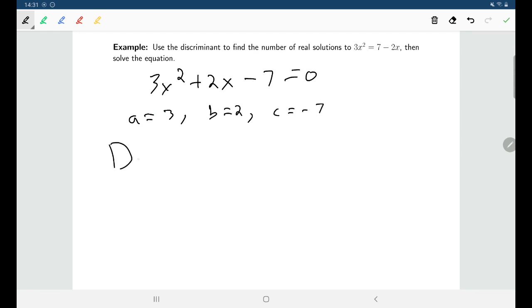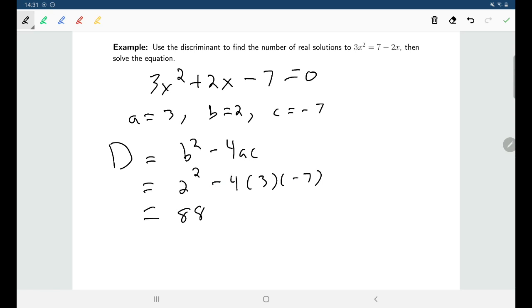So my discriminant, which is b squared minus 4ac, that would be 2 squared minus 4 times 3 times negative 7. And if I were to run that through my calculator, I would find that that is 88. So since the discriminant is positive, that tells us that we're going to have two different real solutions.